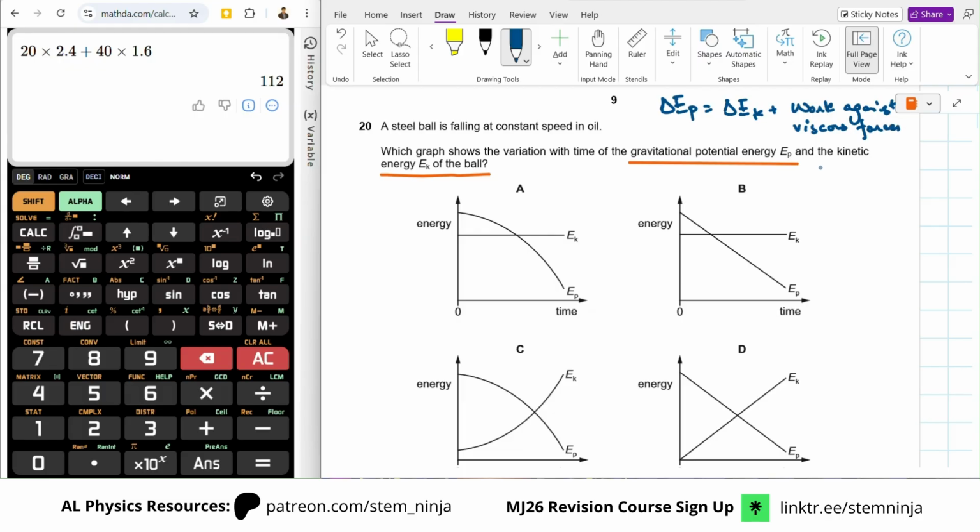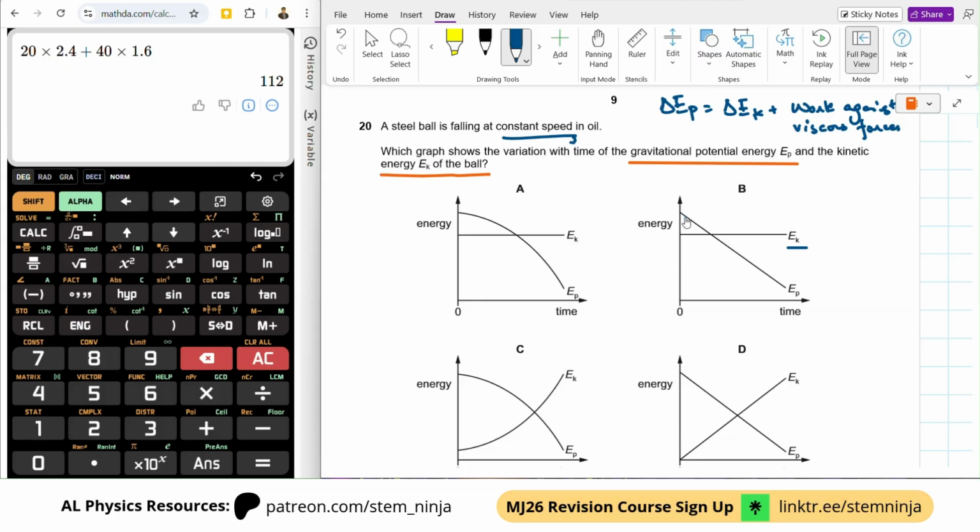So if it's falling at constant speed, EK would be constant. So between A and B, we have to decide.